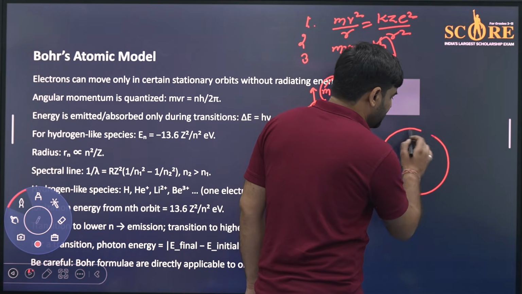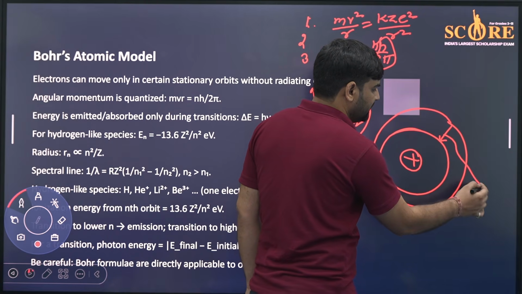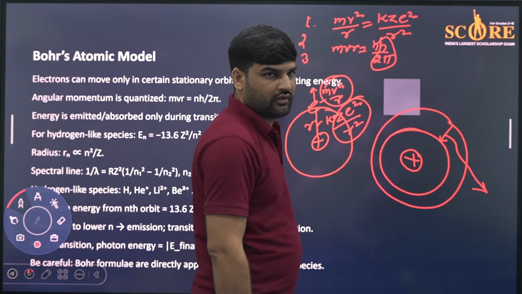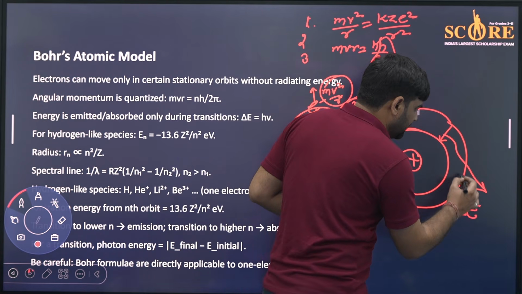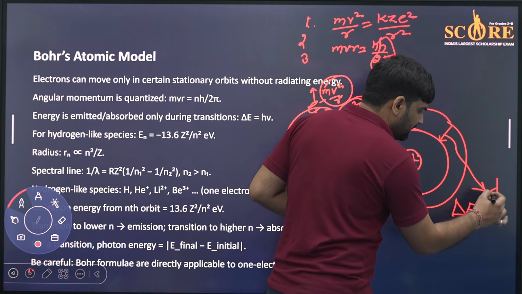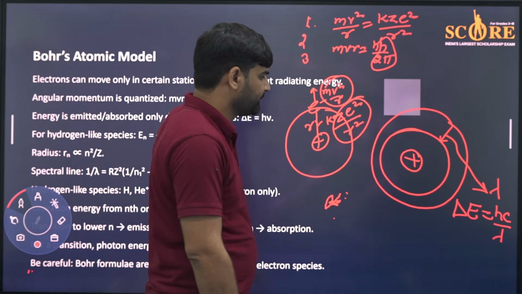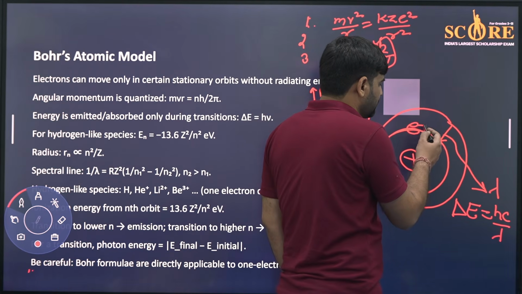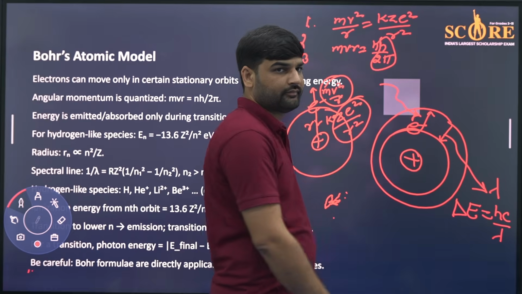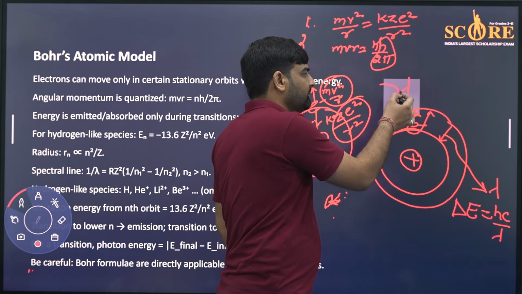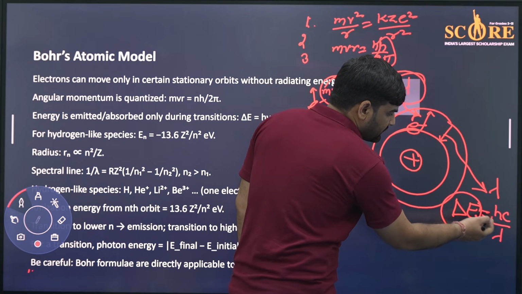He also told that if an electron comes from higher energy to lower energy, it emits energy, and the energy difference will be delta E, and if the wavelength of the emitted radiation is lambda, then you can write hc by lambda. When this electron goes from lower to higher energy level, then it will absorb energy. Energy absorbed means some photon having wavelength lambda, and you can write delta E equals hc by lambda.